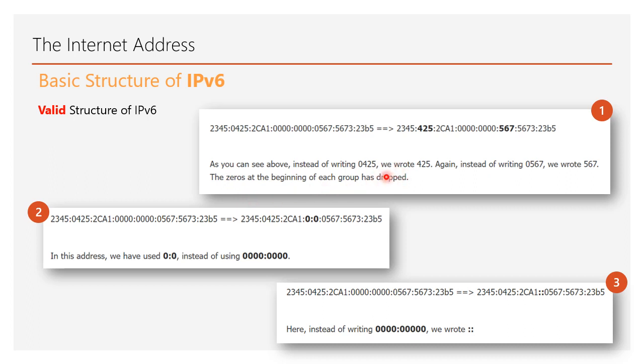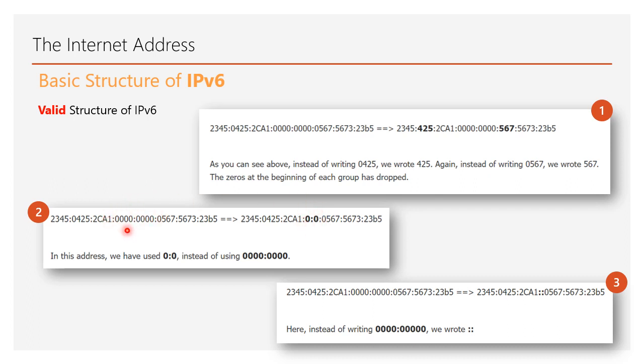The second example is to use 0 instead of writing the whole 4-digit 0. For example, this part.